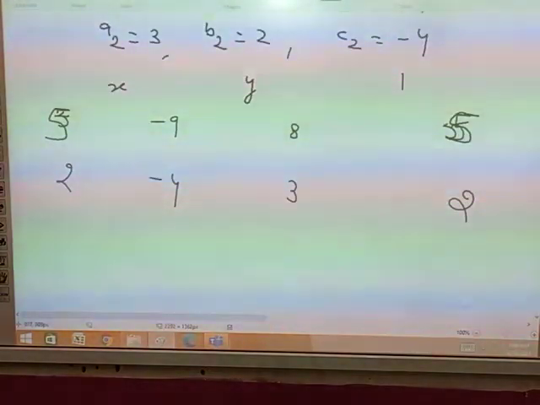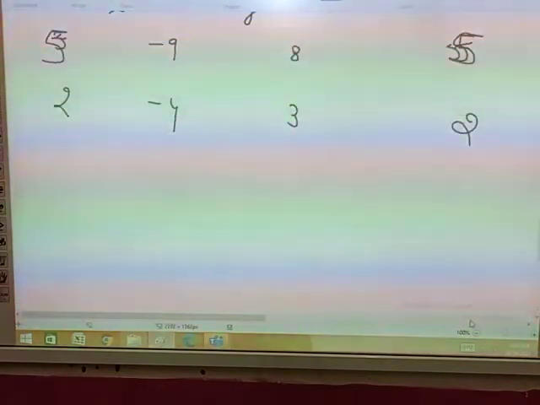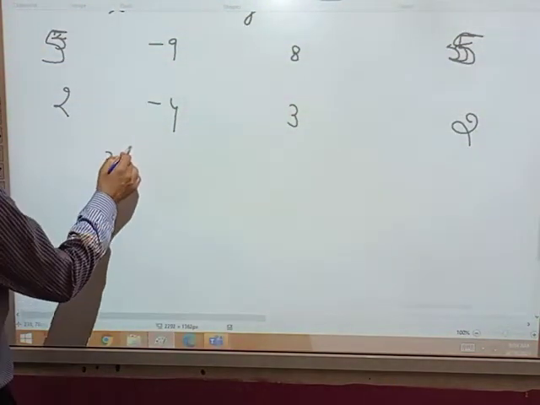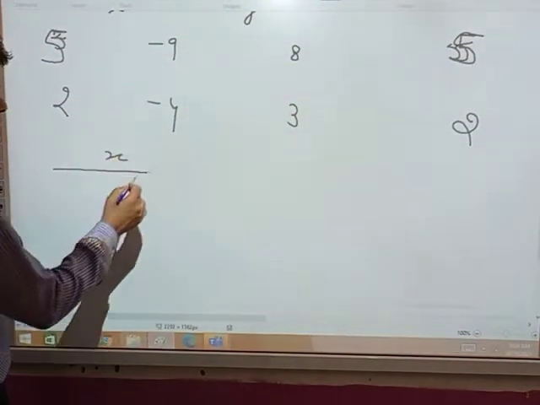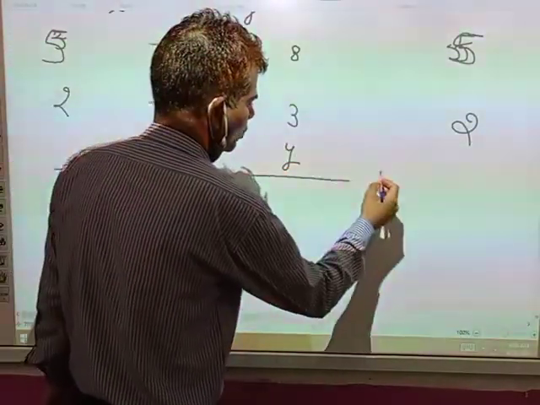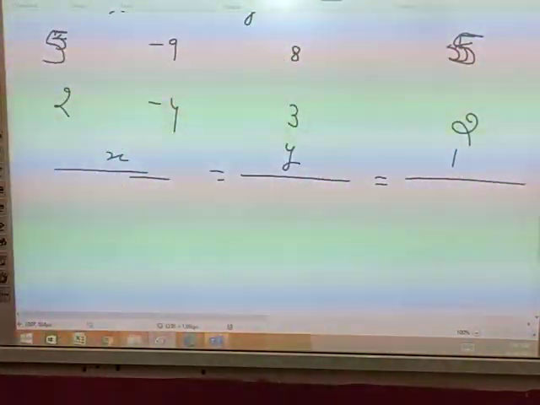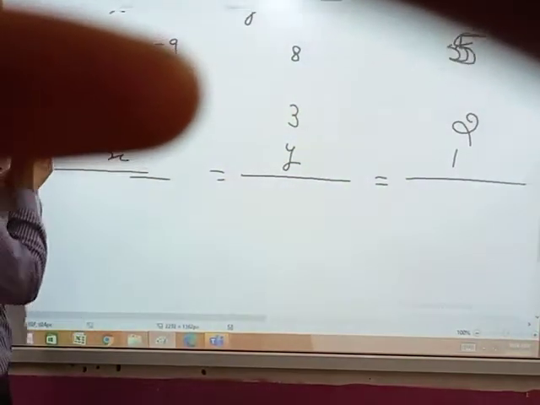Now students, what is the rule to solve the pair of linear equations by the cross multiplication method? Write x is equal to y is equal to 1 is equal to. The rule is such that if we move from top to bottom, that is 5 into minus 4.